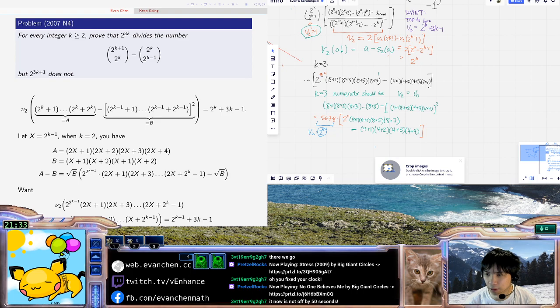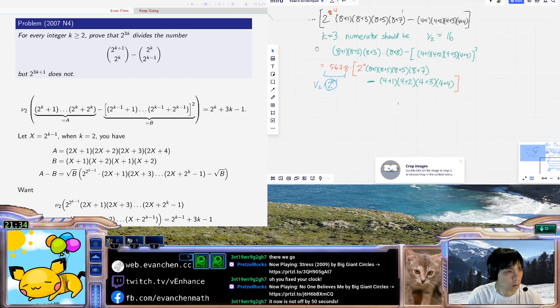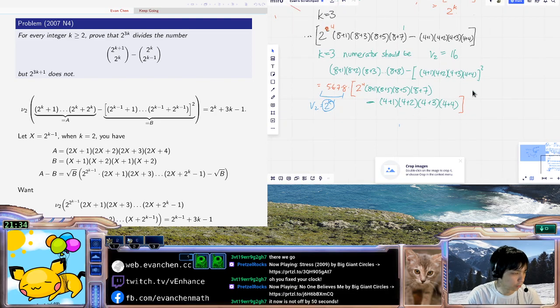Okay, so where am I? What is this and what is it doing? Okay, so this is what the k equals 3 example looks like. Oh my god.